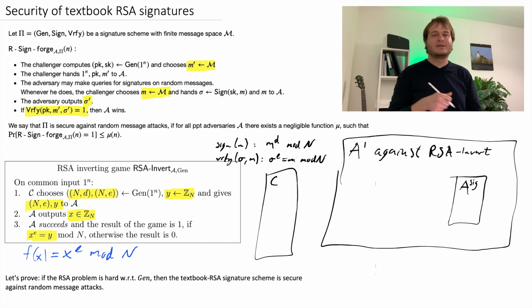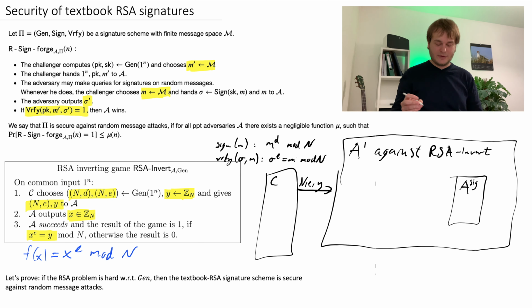So what's the first step? Well, we can already write down what we know. C will give us the parameters n, e, and y.